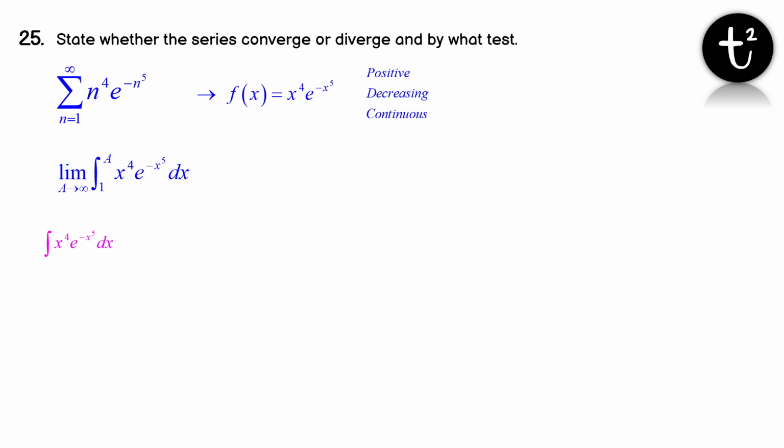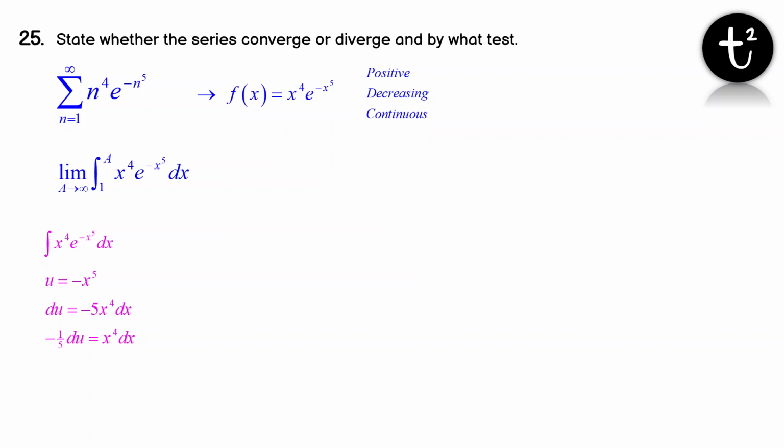In order to evaluate this integral, we will use u substitution, and I will let u be equal to -x to the power 5. So it follows then that du is equal to -5x to the power 4 dx. I do have an x to the power 4 dx in my original expression, so I'm just going to move the -5 to the other side of the equation.